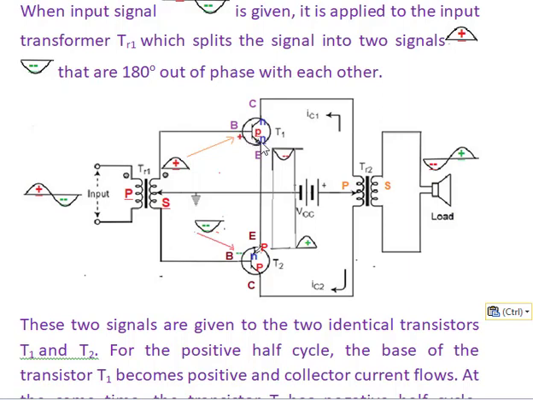As it is an NPN transistor, the base is a P-type material and a positive voltage is given here, so the transistor is under forward bias and starts to conduct. So the collector current flows in the collector of transistor T1.